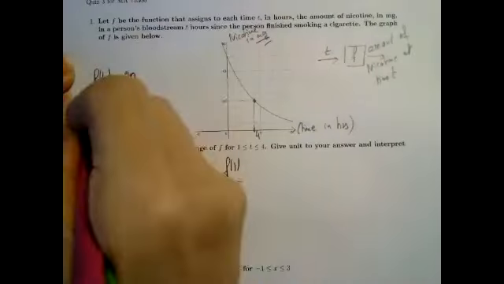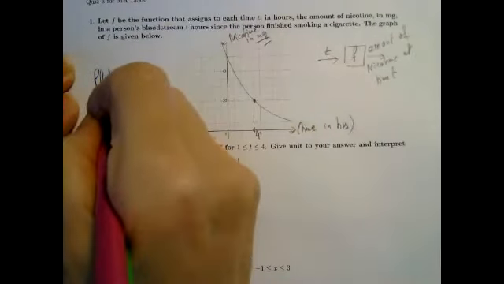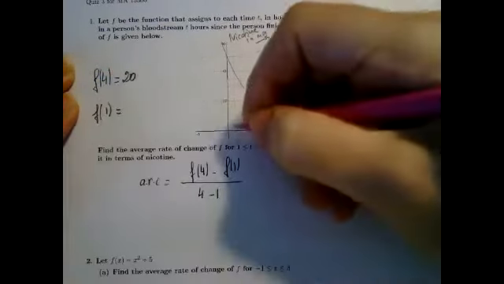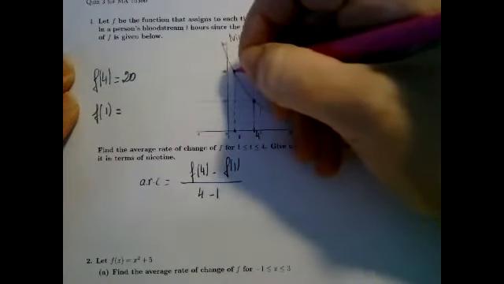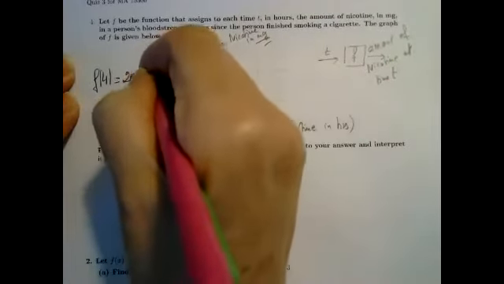And what is f of 1? This is 1 here. To find how much nicotine you have after 1 hour, according to the graph, you have 40 milligrams of nicotine.